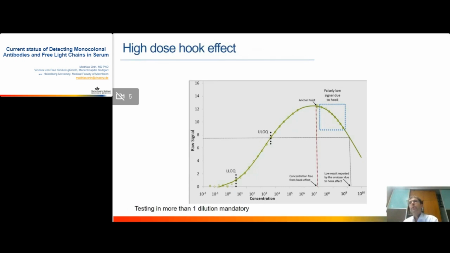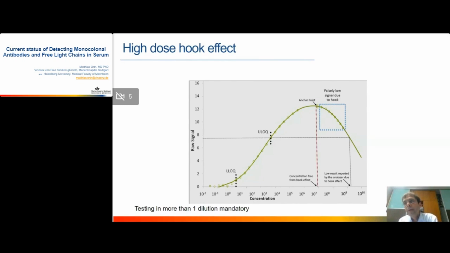I have talked about the high-dose hook effect. This is a particular concern in nephelometry or turbidimetry. In normal assays, the antibodies we are using as a reagent must be in excess over the antigen.